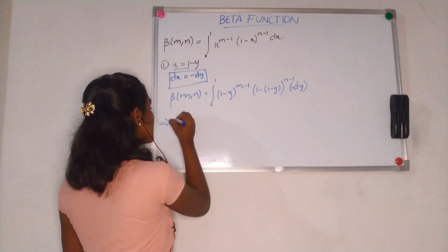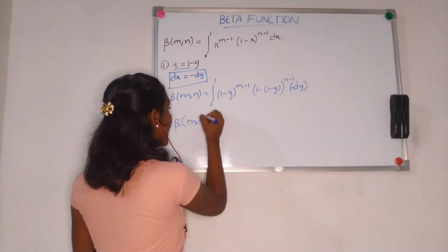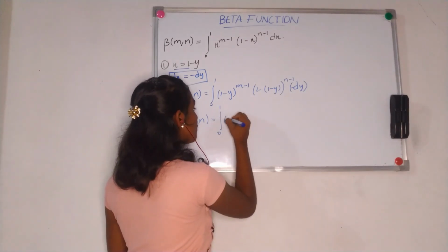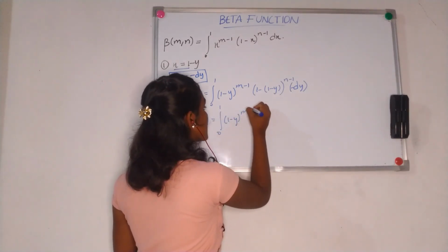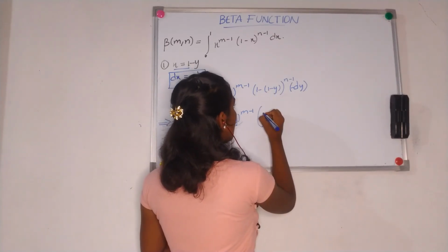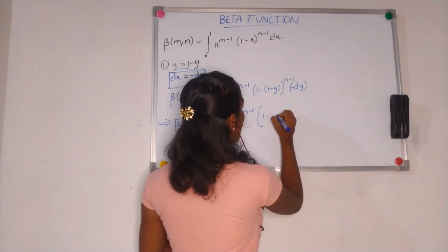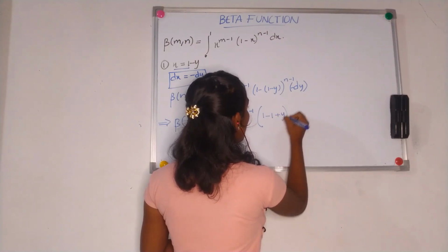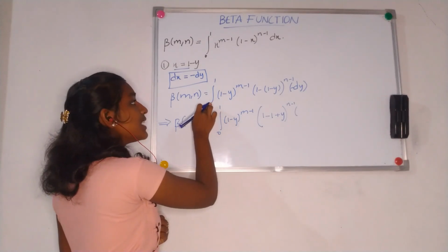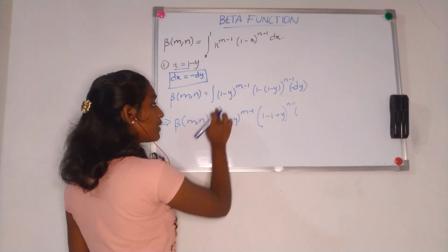So this implies beta of m comma n is equal to the integral of (1 minus y) power m minus 1 into (1 minus 1 plus y) whole power n minus 1. Sorry, I have to change the limits also here. I am very sorry for that.